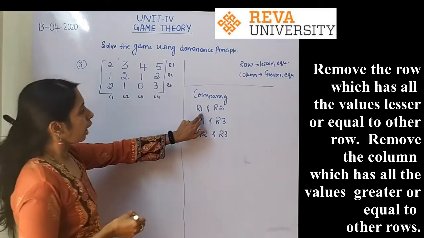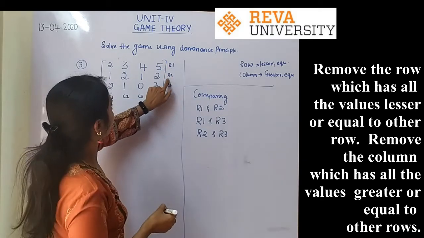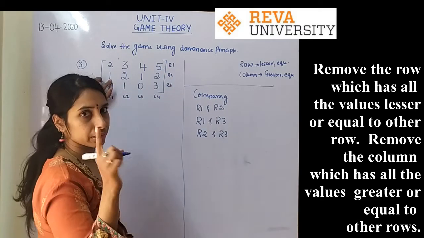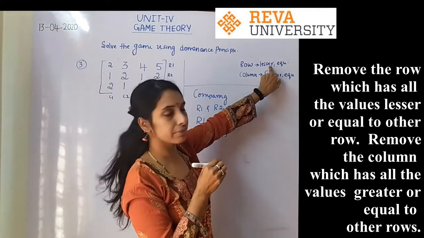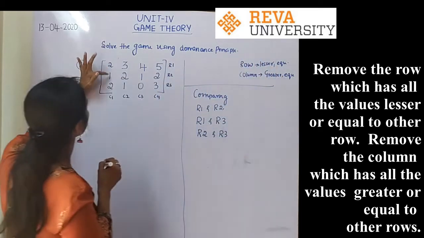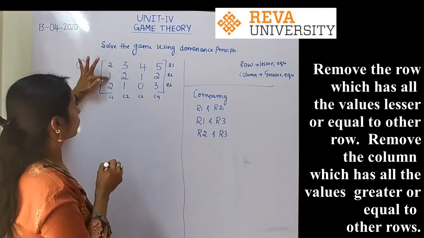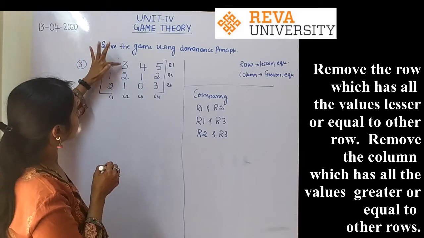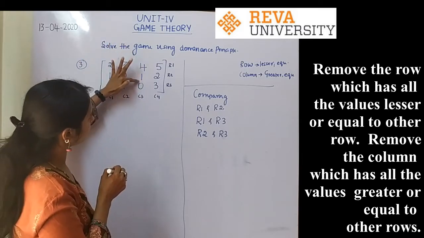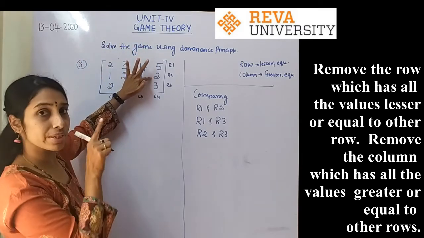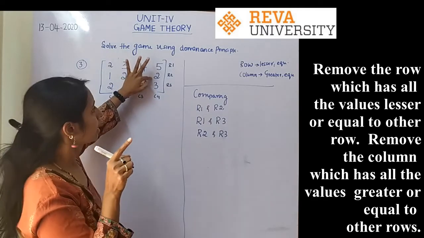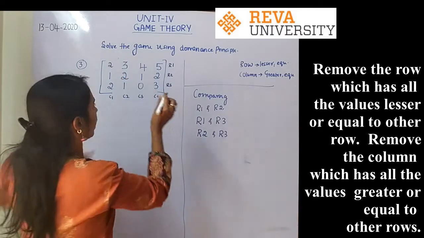Now R1 and R2. So start comparing. Whenever we do the row comparisons, whichever is lesser. So row 1 and row 2. 1 is less than 2. 2 is less than 3. 1 is less than 4. 2 is less than 5. So whichever is lesser, completely rule out that row.